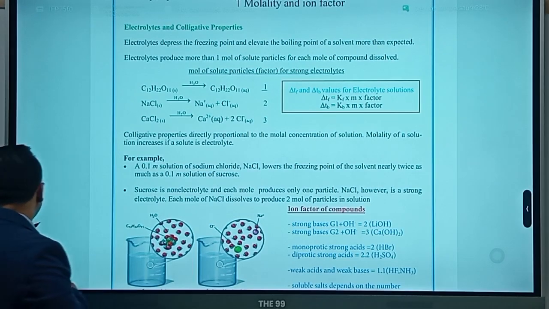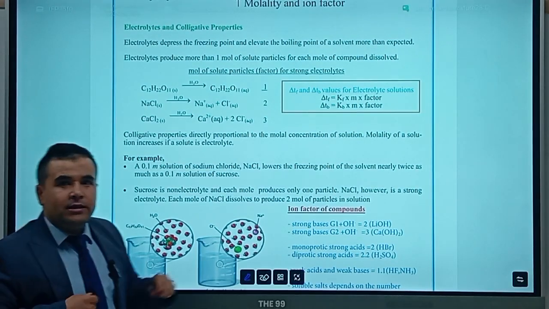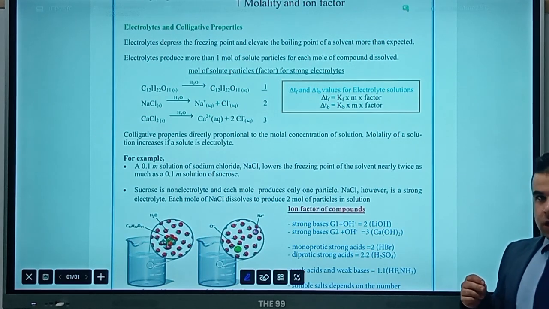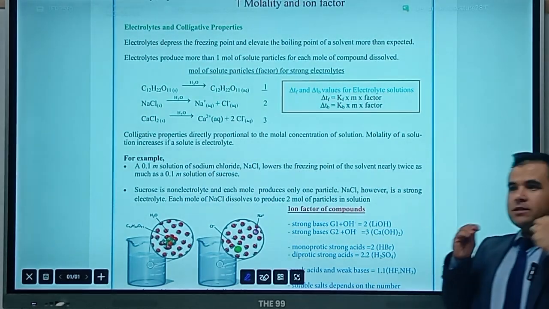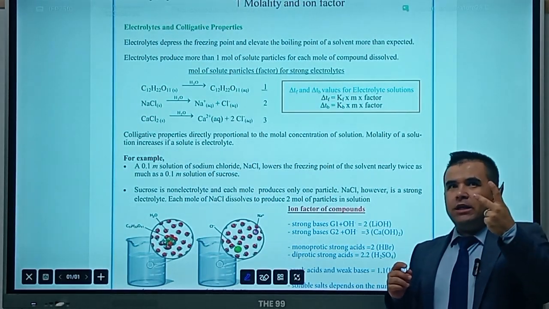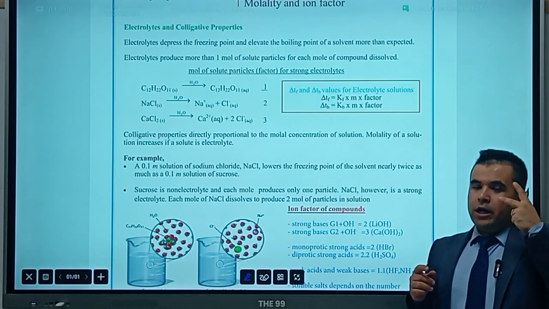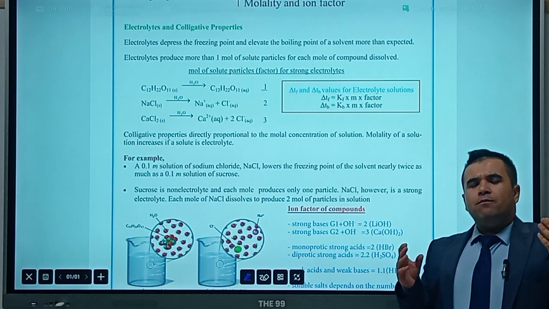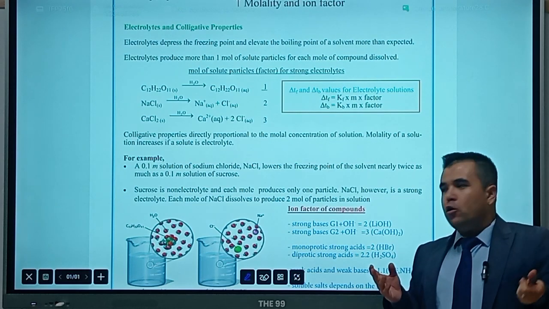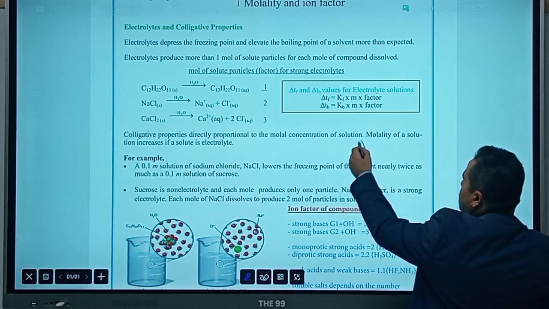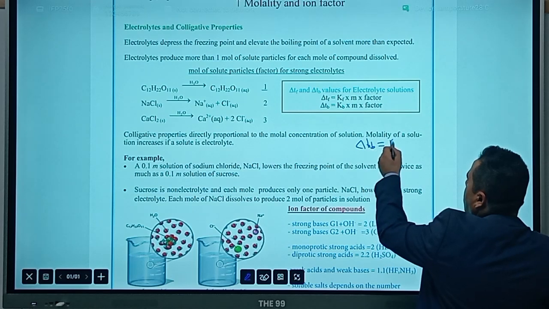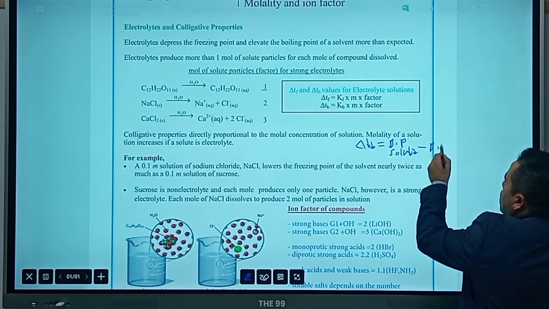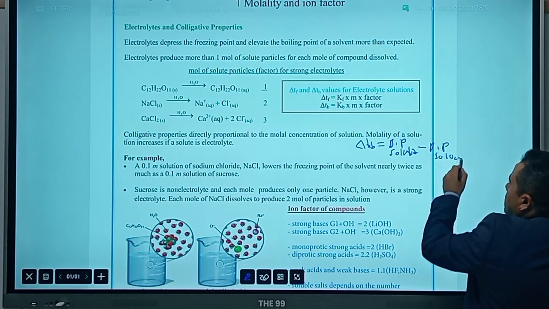How do we calculate, guys, the delta TB and delta TF for an electrolyte solute? We talked about 2 equations. The first equation: delta TB is equal to the boiling point of the solution minus the boiling point of the solvent.